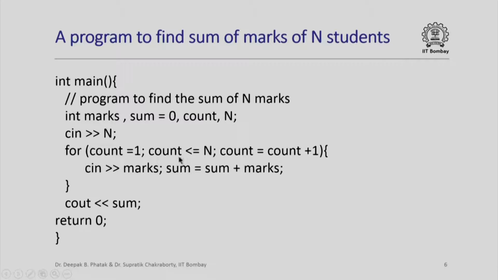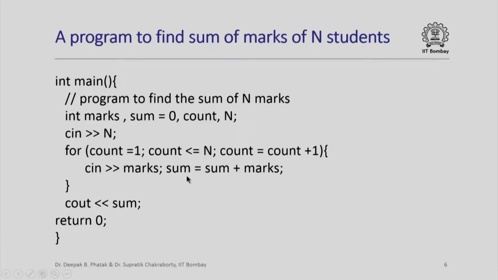For count equal to 1, count less than or equal to n, count equal to count plus 1 sets up an iteration which starts with count equal to 1 and ends with count equal to n. So 1, 2, 3, 4, 5, 6, n times it will do this iteration. In each iteration, I read the value of marks and I immediately add it to the sum. So sum becomes some kind of a running sum.